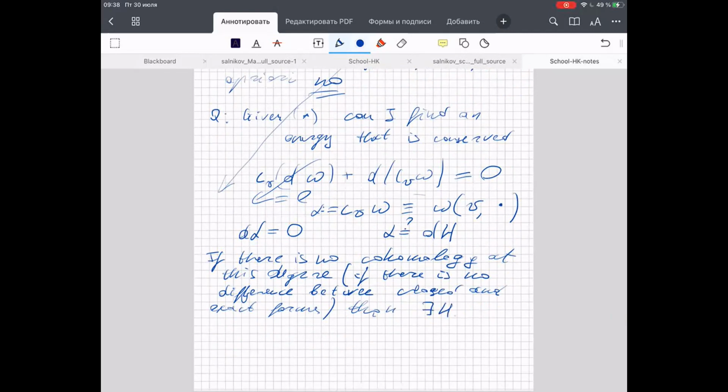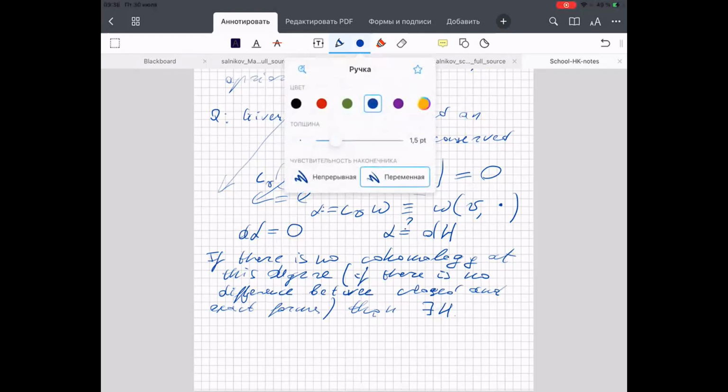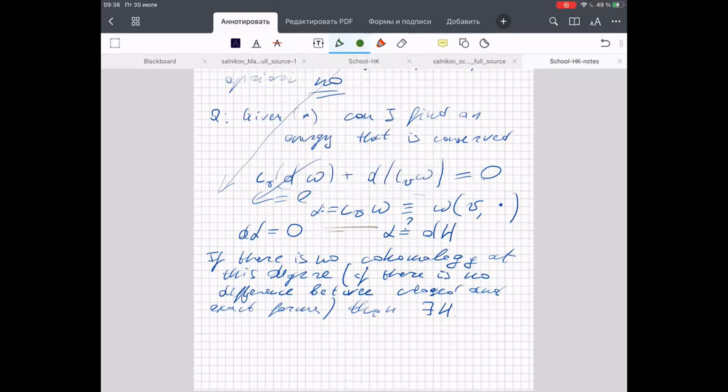Okay, so you might remember this probably from Avian's talk, that if you have this operation d of a form, you apply it twice, this always vanishes. So if my form is d of something, then d of this form is necessarily zero. And so this direction always works.